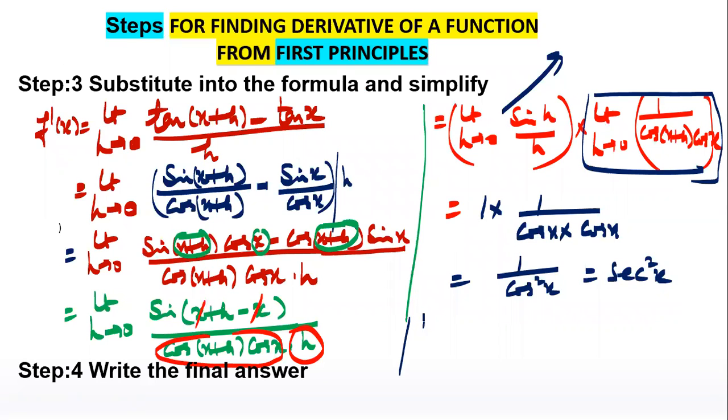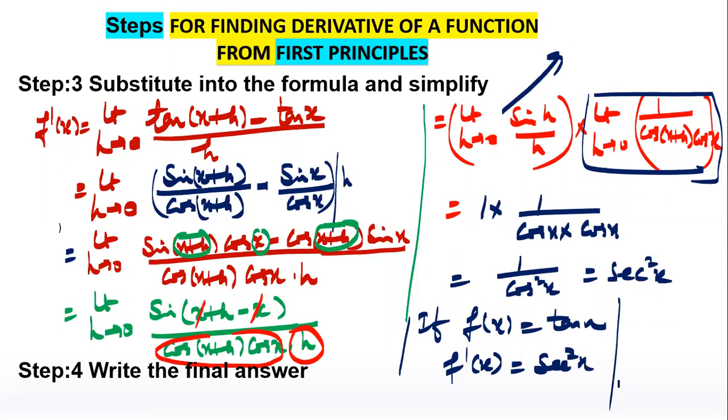So if f(x) is tan x, its derivative, that is f'(x), is sec square x. Or we can simply write d/dx of tan x equals sec square x.